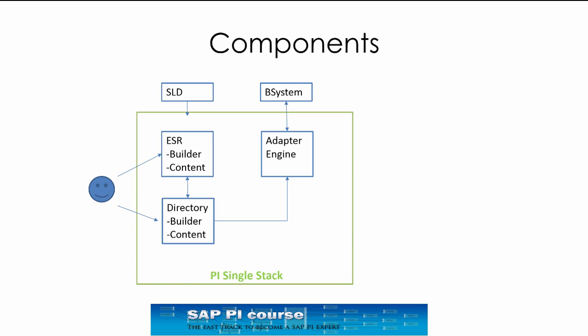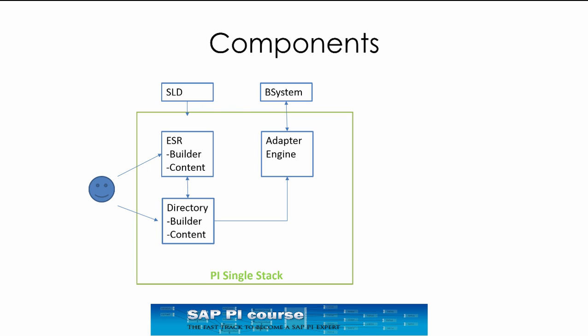So what kind of components do we have in this PI system? One of the components is the System Landscape Directory, and the SLD is the place where you are defining all the different components you have in your system.